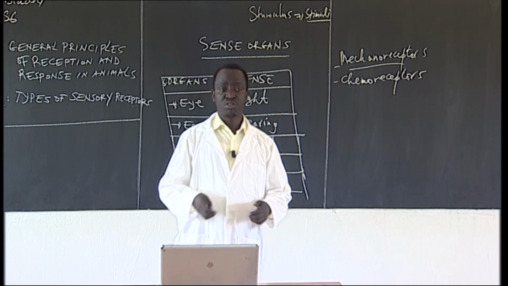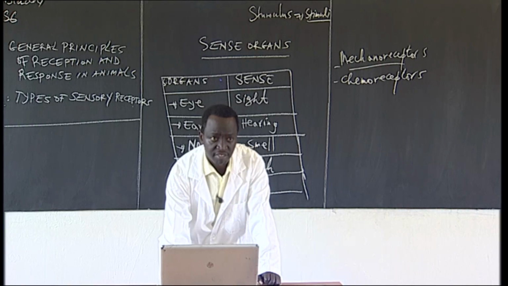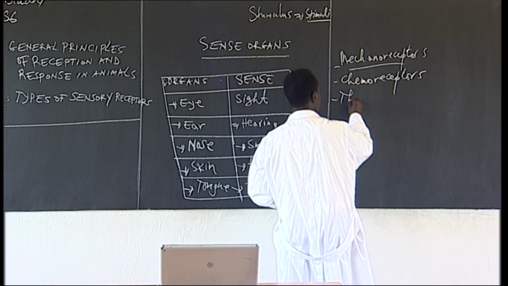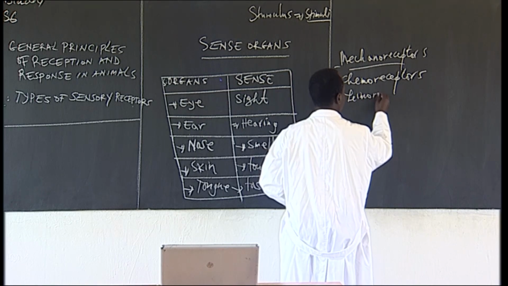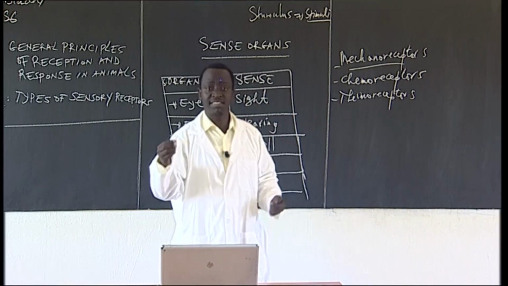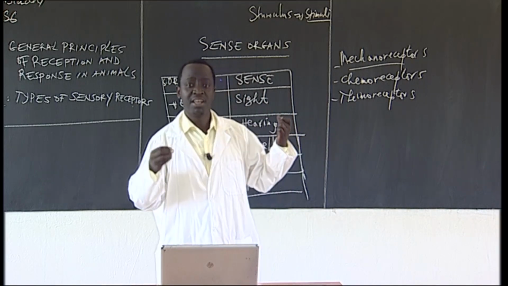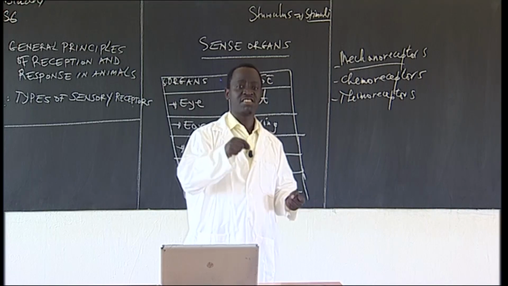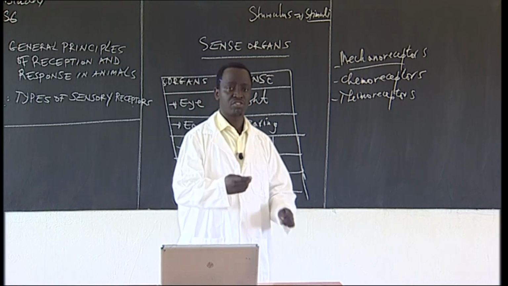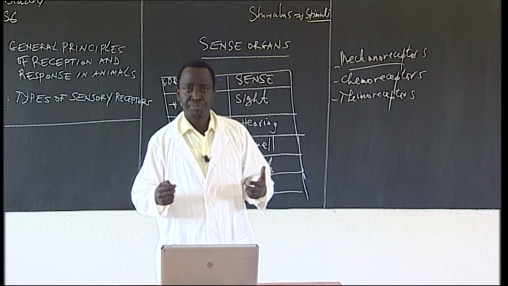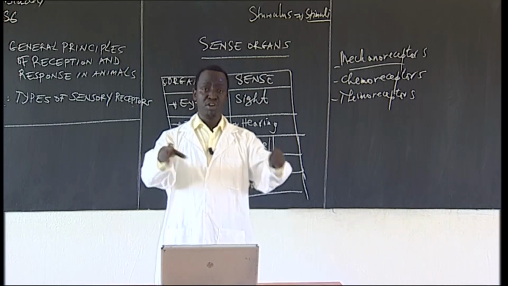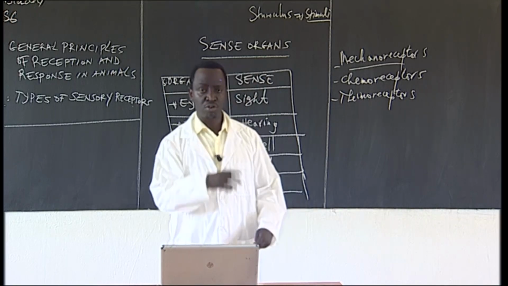We have now what you call thermoreceptors. Those are receptor cells that can detect temperature changes. For example, when it is cold when you wake up in the morning, you sense that it is cold.